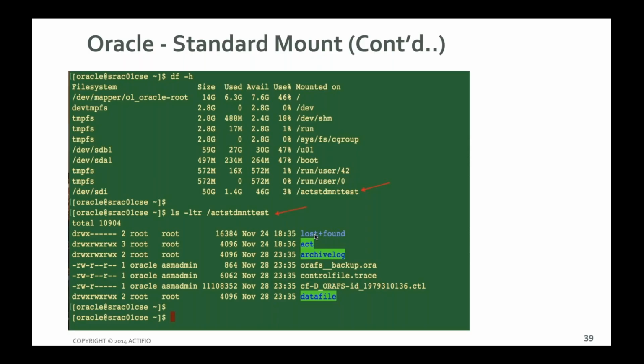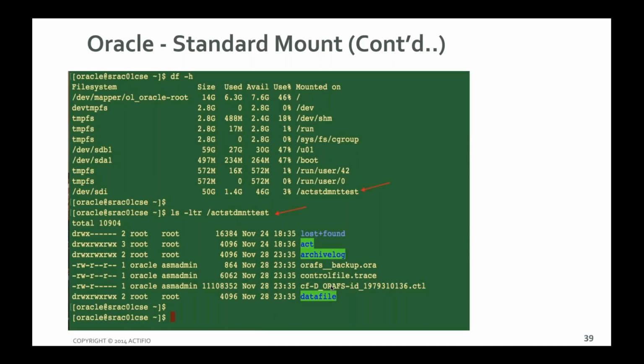Yep. So once we have this standard mount, as I mentioned earlier, we will create all the archive log folder, database folder, all the artifacts required. And in a traditional way, we need to create a cloned environment. And the next step, if you're familiar with the regular cloning steps, you can use those and do that. Or if you want to use these copies and create a database using RMAN duplicate target, you can use that.